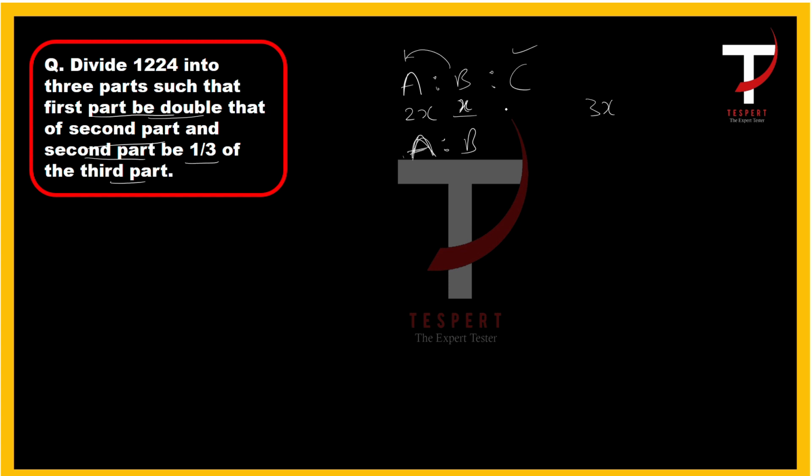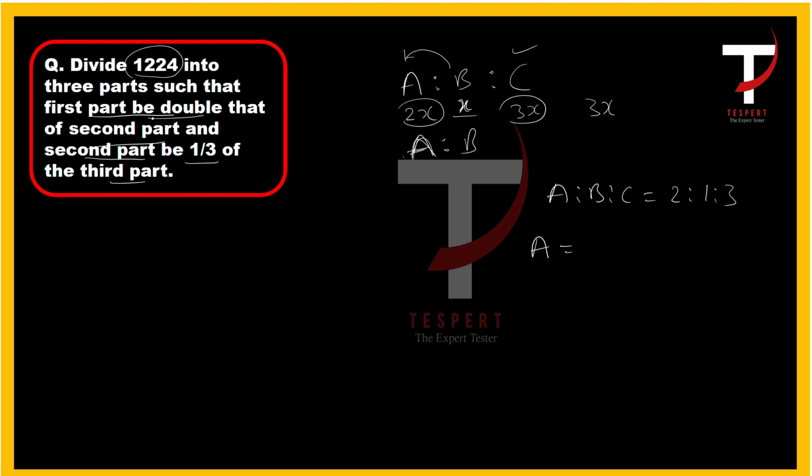So if C is 3x, then B is 1/3 of C, and A is double that of B. So here we must divide this in this ratio. So A is to B is to C is equal to 2 is to 1 is to 3, right?